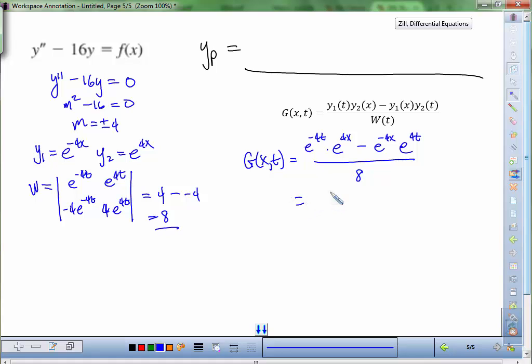So wouldn't this be e to the 4x minus 4t, minus e to the negative 4x plus 4t, all over 8? Yeah? Okay, well that's cool.